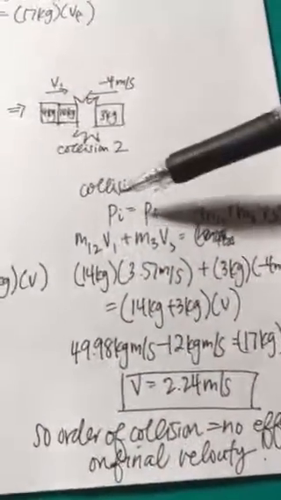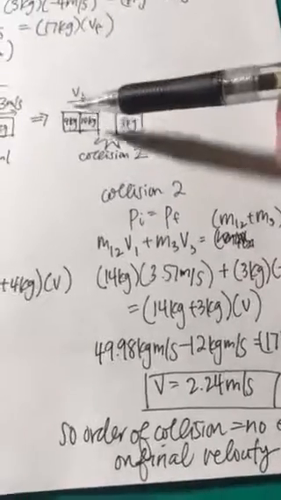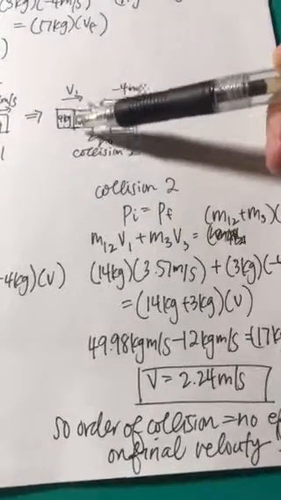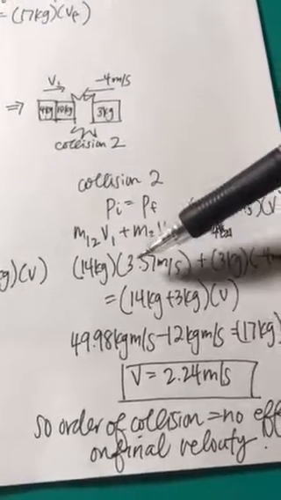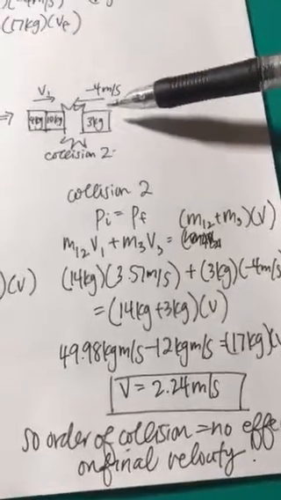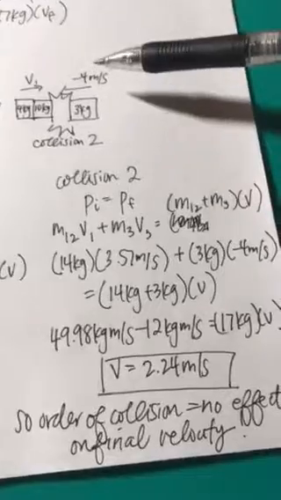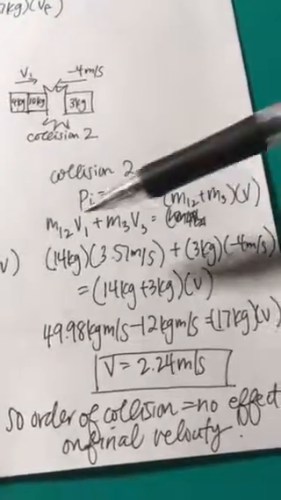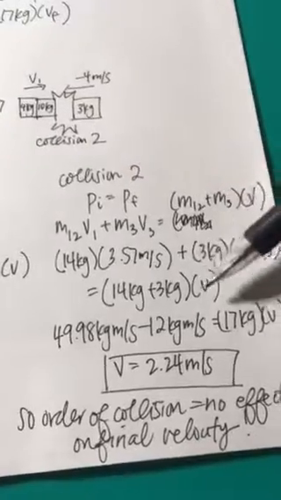So our second collision is just momentum initial equals momentum final. We got this big mass that's now Velcro together, so 14 kilograms, times our velocity, which was just found, 3.57 meters per second, plus the initial momentum of this block, which is 3 kilograms times negative 4 meters per second, because it's going in the opposite direction, equals the masses that are combined, because these are going to combine together, times your velocity.